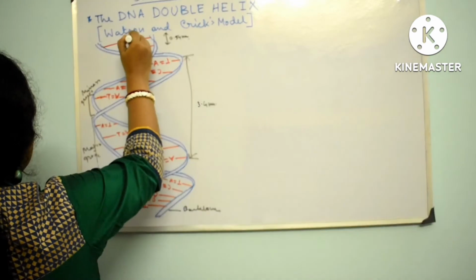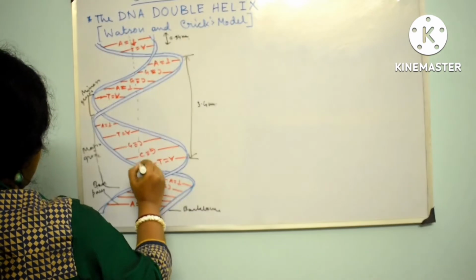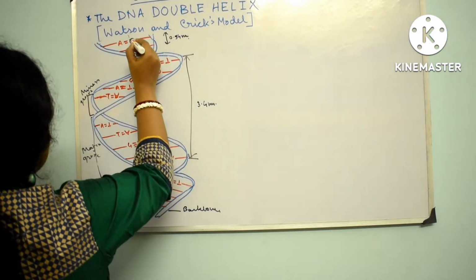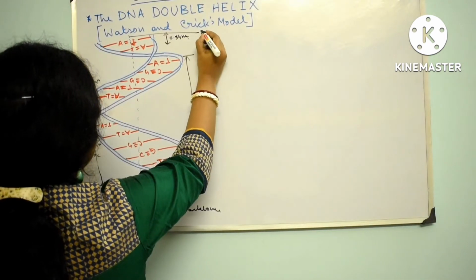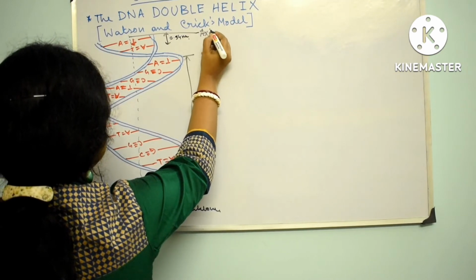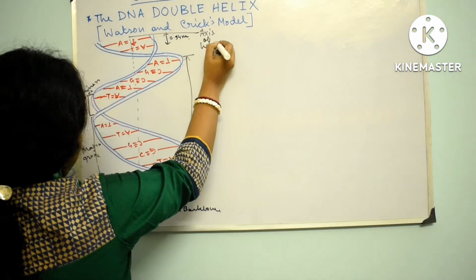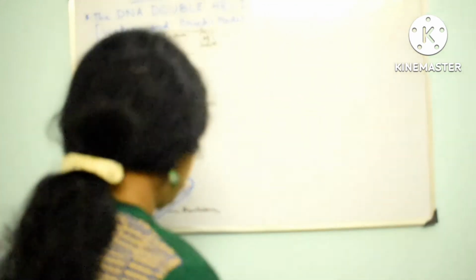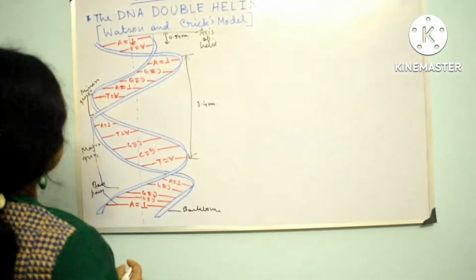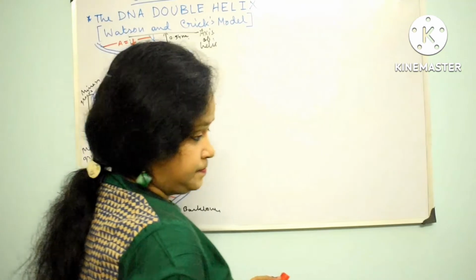If we draw an imaginary axis here, this one is known as the axis of the helix, and this axis of the helix is not real, it's completely imaginary. And this is a stylized diagram of the DNA double helix.